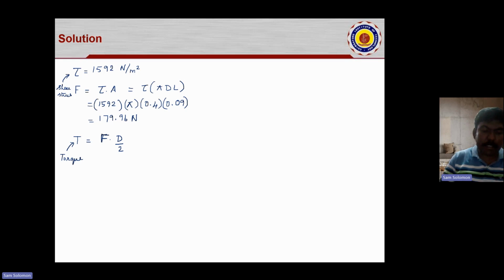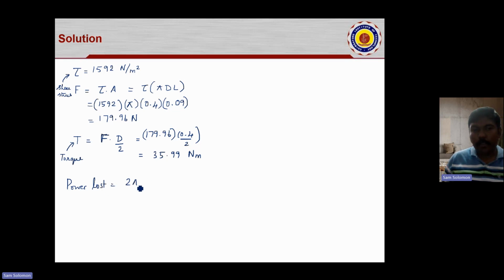So this is 179.96 multiplied by 0.4 divided by 2. So that gives us 35.99 Newton meters. So the power lost is going to be equal to 2 pi NT divided by 60.